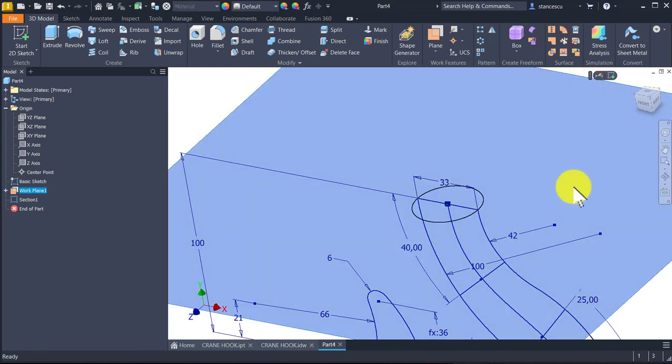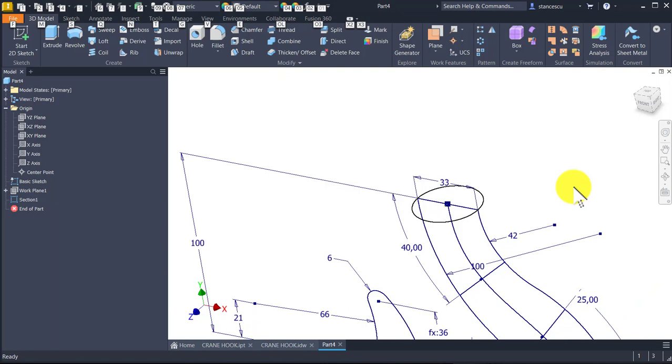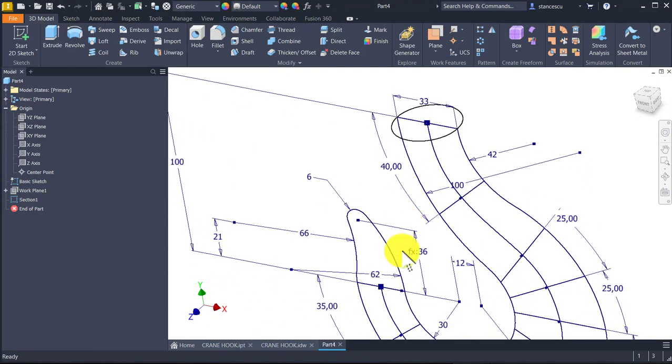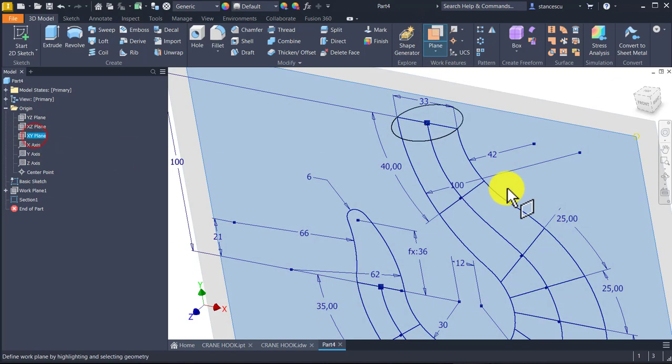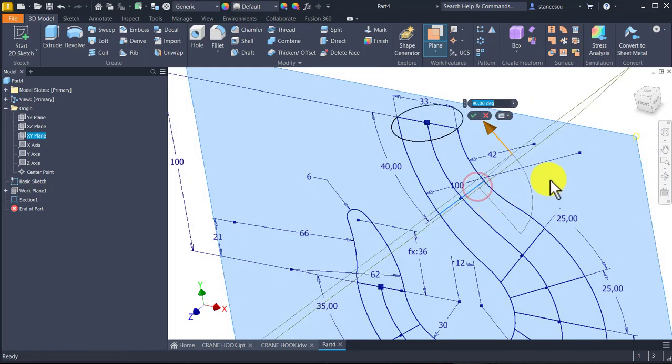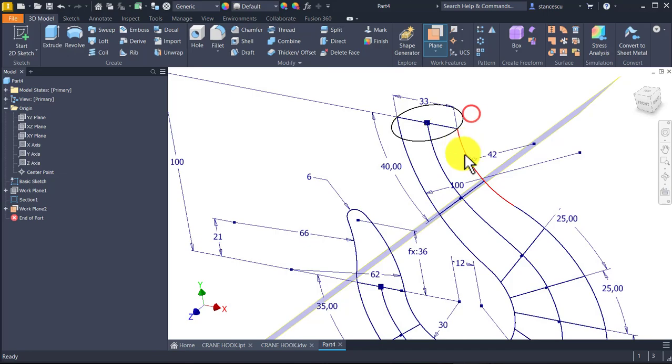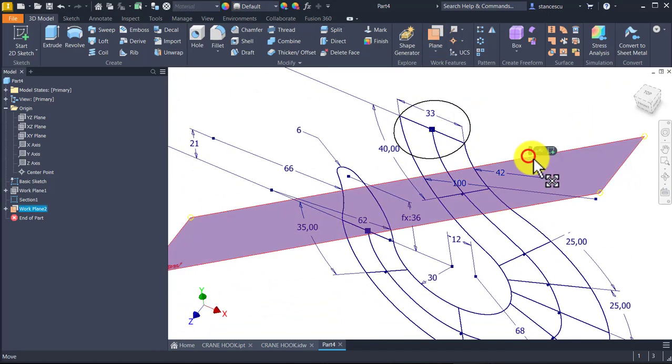I use Alt V to hide the work plane, because we create a lot of planes. Other 8, so that we'll have 9 sections. Plane XY, line. Okay. Sketch.